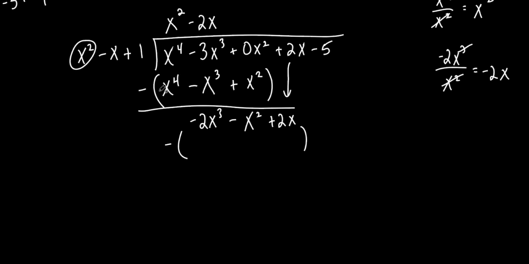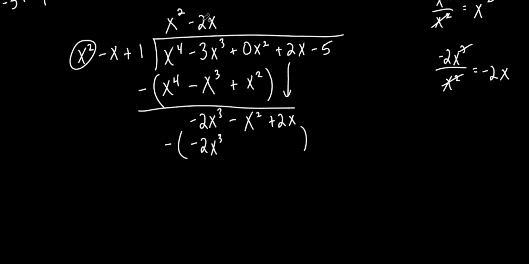All right, so we did it once already, right? We did it with the x squared. Now we're doing it with a negative 2x. And we're going to put it right here. So let's do it. Negative 2x times x squared. That's negative 2x cubed. All right? Then we go negative 2x times negative x. Well, what's a negative times a negative?